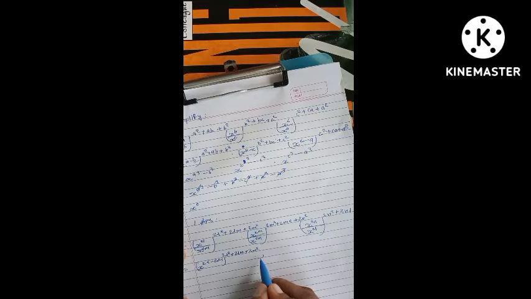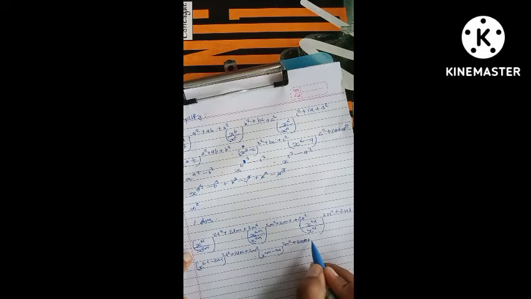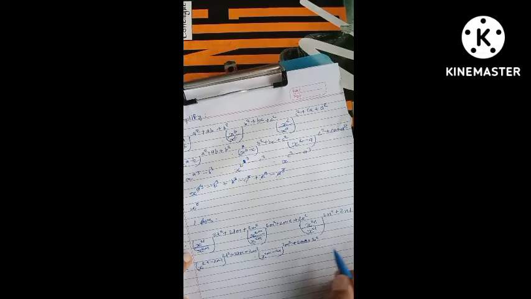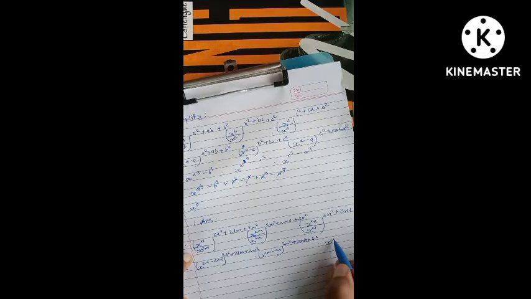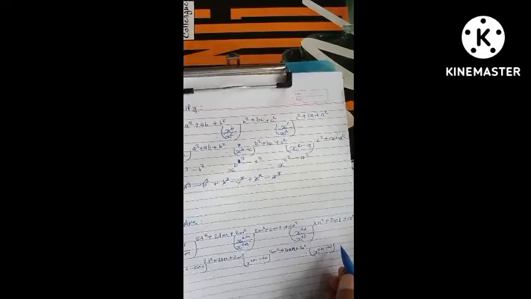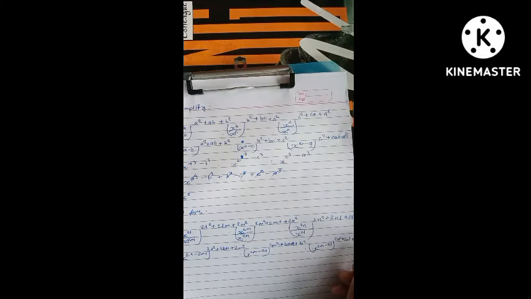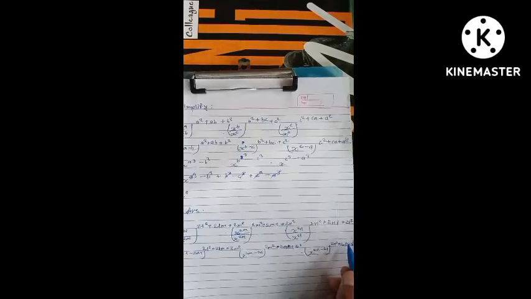Here is multiply, and also x to the power 2m minus 2n, whole power 2m square plus 2mn plus 2n square, multiplied by x to the power 2n minus 2l, whole power 2n square plus 2nl plus 2l square.